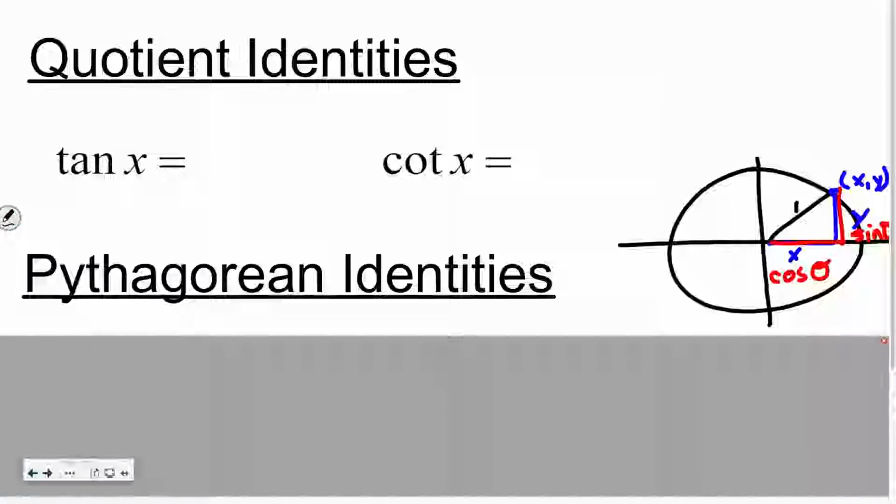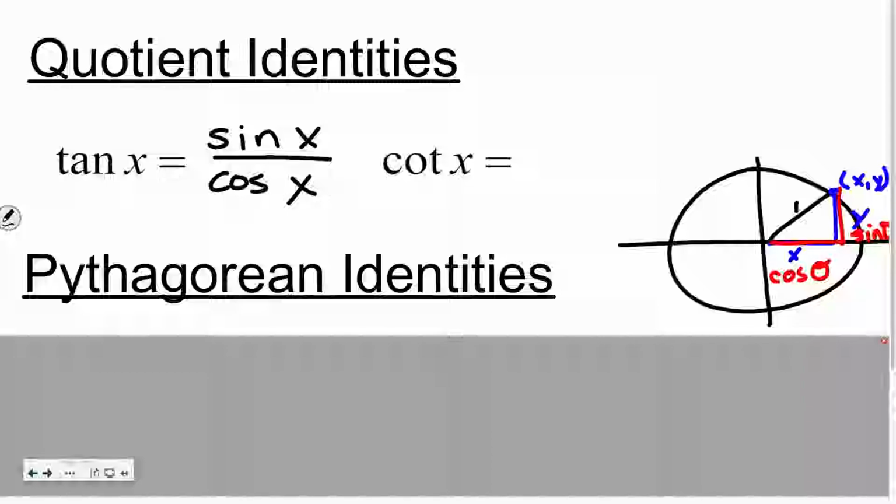So now, think about the trig definition for tangent. You probably remember tangent is y over x. We could also write that as sine over cosine. Okay, so our quotient identity is tangent x equals sine x over cosine x. Now, notice I'm using x's right there. You're going to see when you do your homework assignment in the book, they're going to use thetas, betas, all sorts of letters, y's.